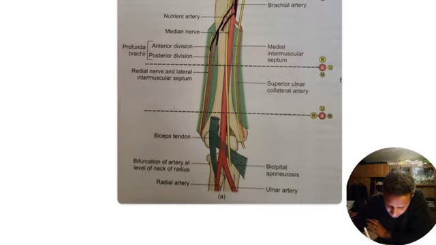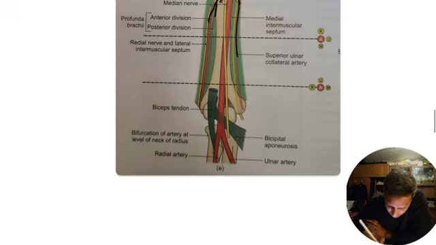As we go on the medial aspect, you have your superior ulnar collateral, which is in the posterior aspect, and a little further down you'll find your inferior ulnar collateral. These are your descending branches and these are your collateral branches, right?